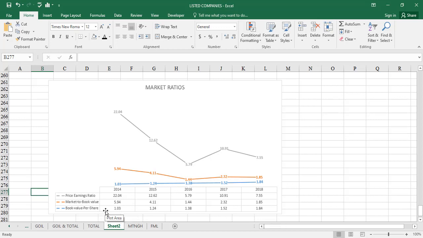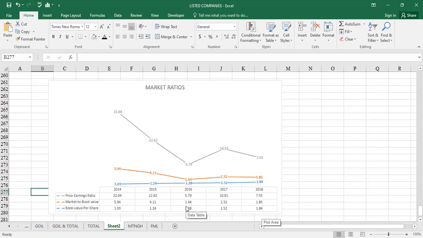Now the market to book value is a comparison that reflects the current position, that is, on the market, how much the stock is actually worth. It has been on the decline from 2014 through to 2018, from 5.94 to 1.85, with the lowest being 1.44 in 2016.